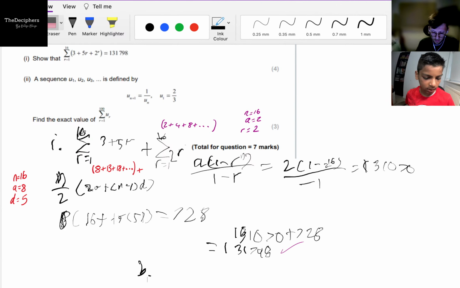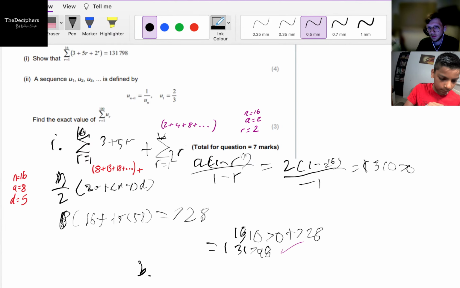I guess that's periodic, because it's just going to be 2/3, then 3 over 2, then 2/3, then 3 over 2, then 2/3, then 3 over 2, and keep going. So that's periodic with order 2.